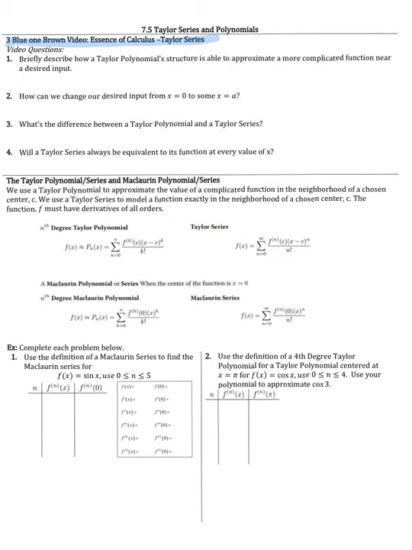One of the big ideas about a Taylor series in general is that a Taylor series gives us a way to model a differentiable function using a series in the neighborhood of some chosen center value C. I just want you to stop and think about that and think back to the video.